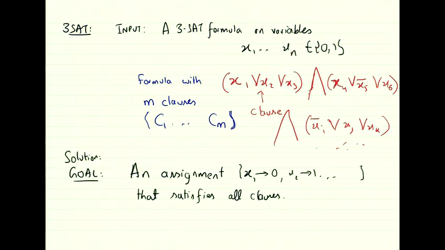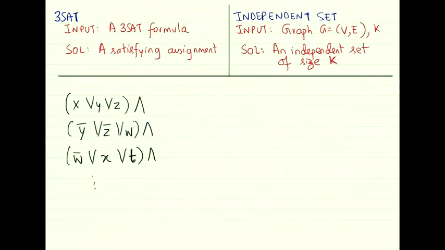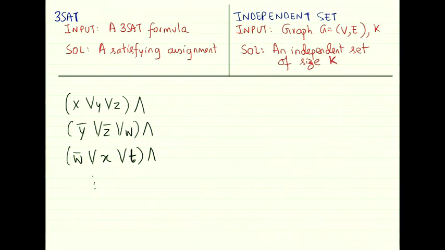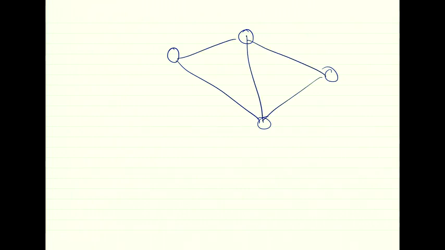What is the independent set problem? It's just the following. Your input is a graph and a number k. You want to find a subset of k vertices that don't have any edges on them.